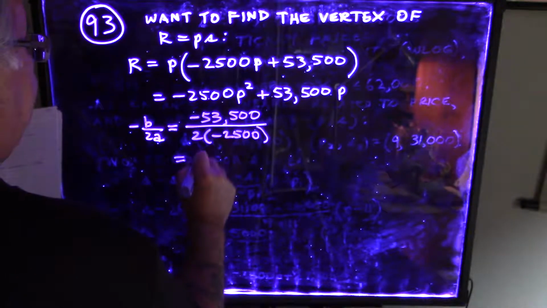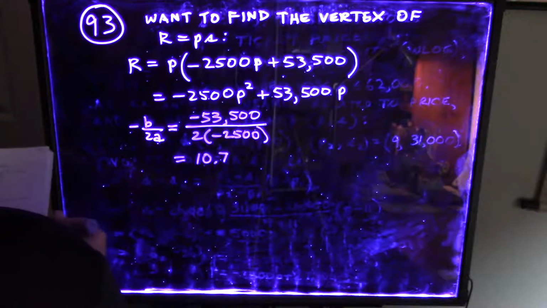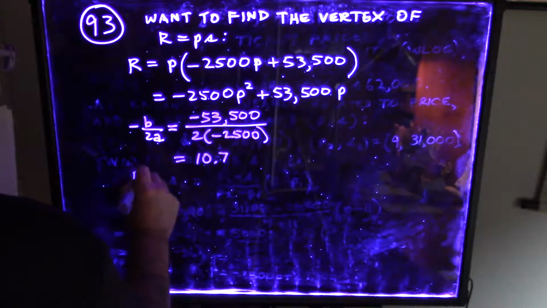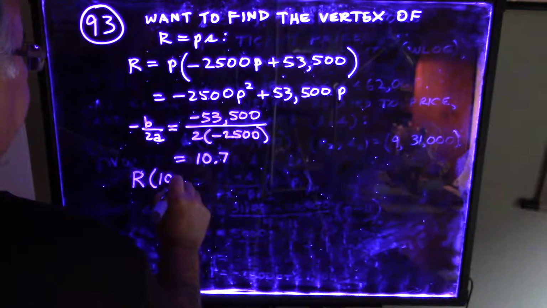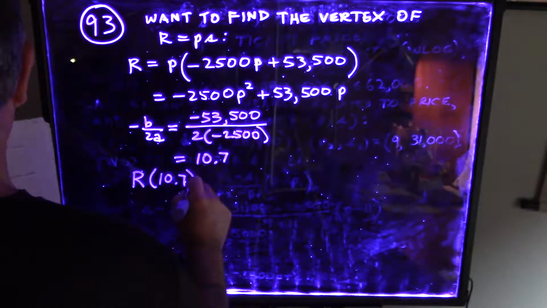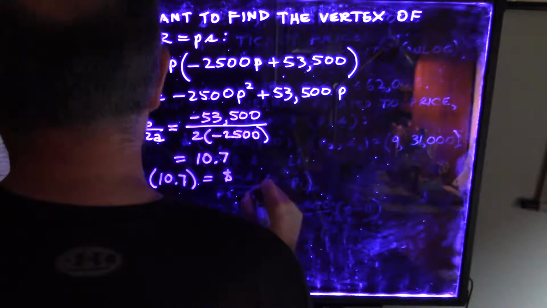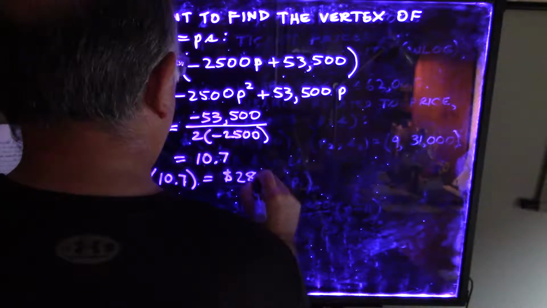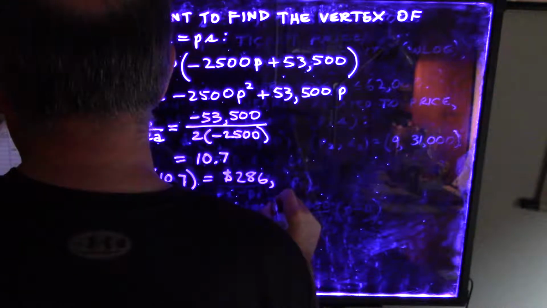And that's 10.7. All right. So what's R of 10.7? That's the revenue, so you're getting $286,225.